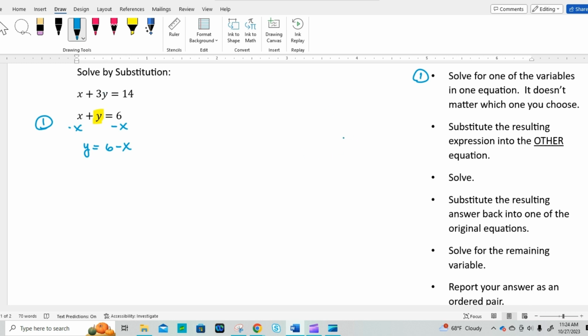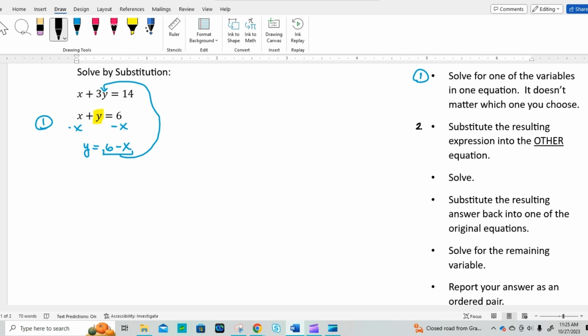Now I've got to substitute the resulting expression into the other equation. Since I used the bottom equation, I'm going to take that 6 minus x and substitute it into this top equation for y, because now I know what y equals.